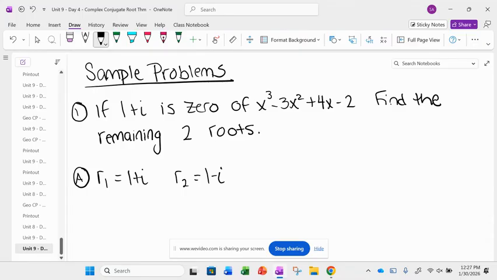So this is my product, right? I'm going to find one factor from these 2 roots. Once I get that factor, I'm going to take my original polynomial and divide it by this factor to find the other factor. So this is the game plan. Let's do it now. So I'm going to use the sum and product that we learned yesterday.